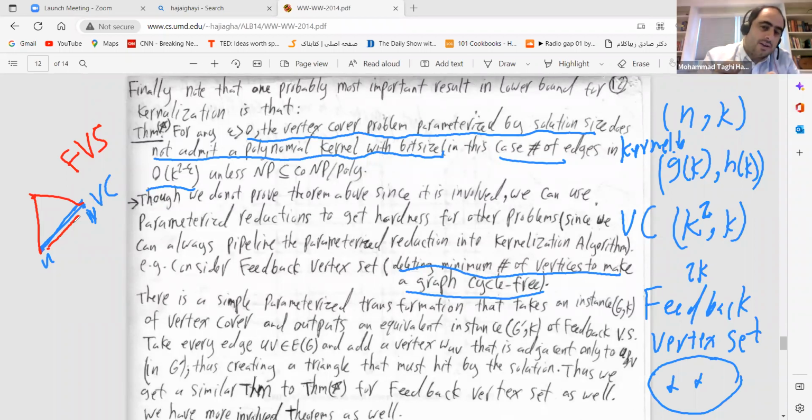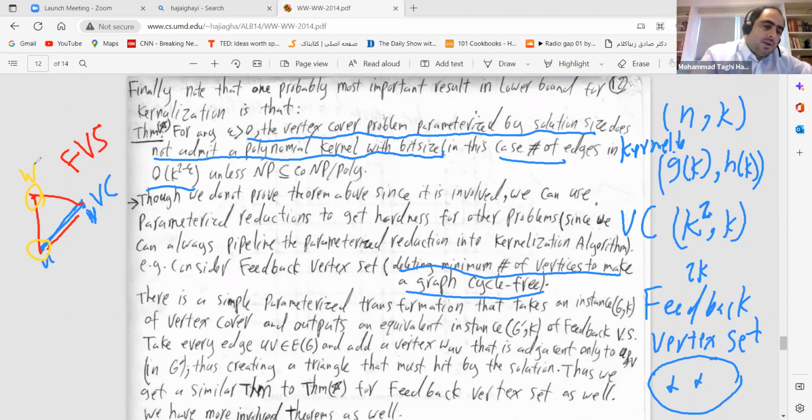In the feedback vertex set, it is easy to see that. This is a cycle, so we need to kill it. To kill it, of course, we can select the top vertex, but it is always better to kill U or V instead, because the top vertex does not help you in any other way. You can show that there is an optimum algorithm that always selects U or V, not this W. The W vertex will not be selected.